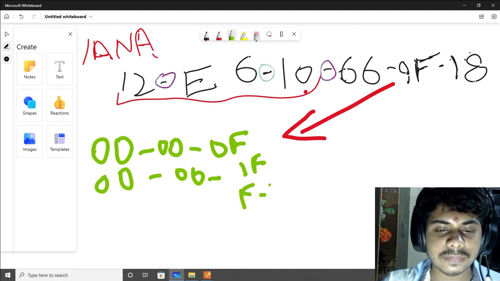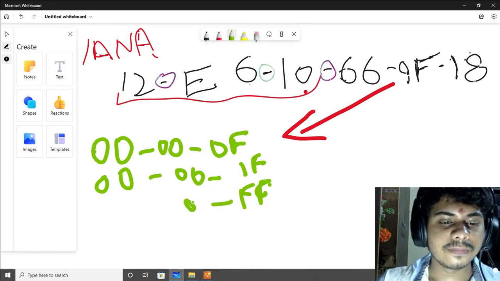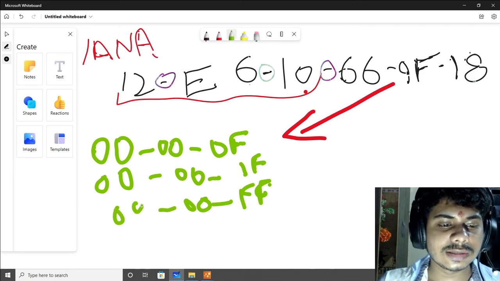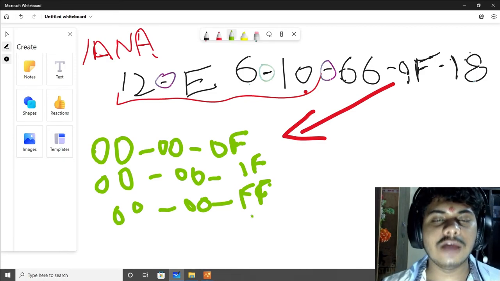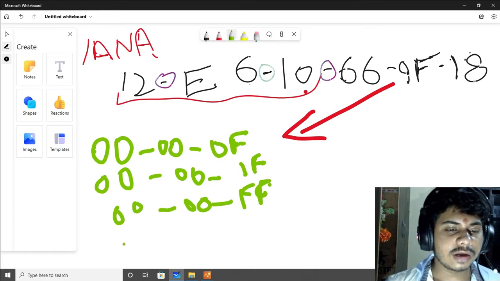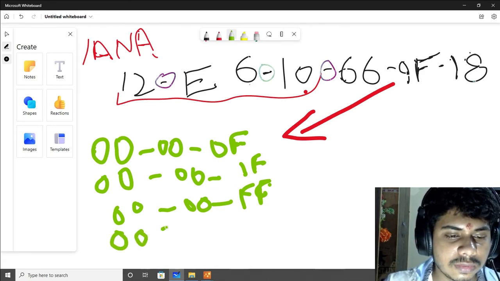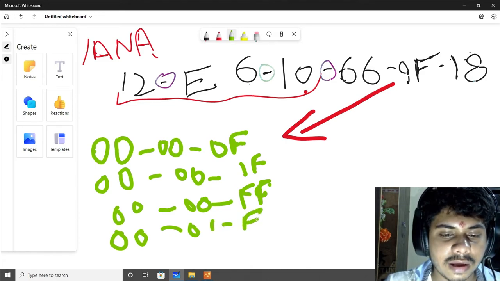Now you can see that I have manufactured 15 laptops more, and now my value has reached FF. So my value is FF, which means I cannot go beyond that. So what I want to do now, I will do 0001 and FF.